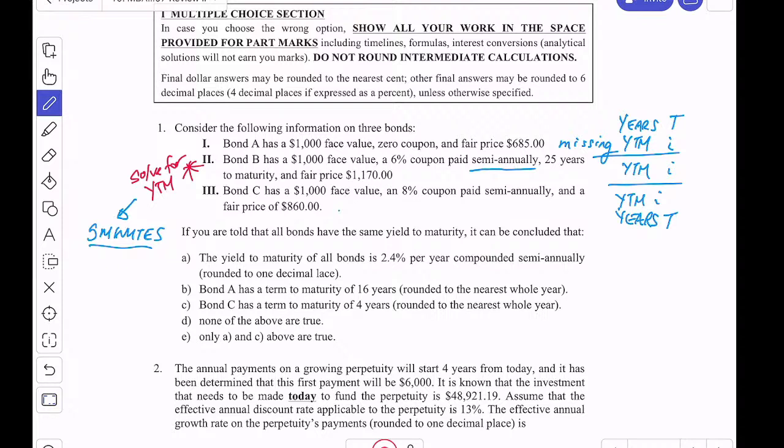The test answers? Ah, the test. You want the answer or you want the solution? You want me to solve it?